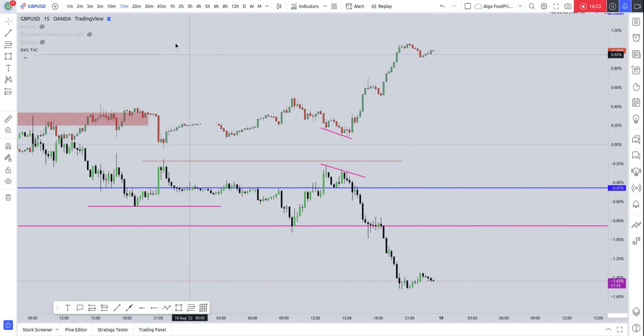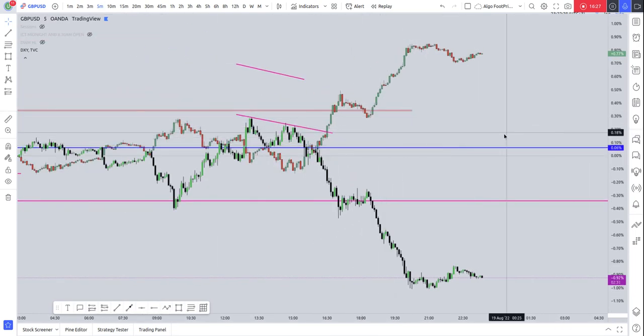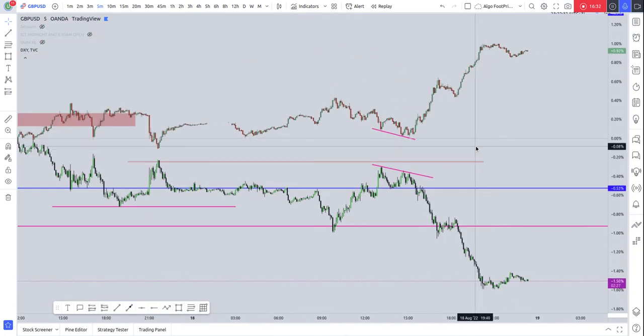Okay, then if we go to M5, yes, M5, can you see it? A low, a lower low, a high, and a low. Price had made a smart money divergence.